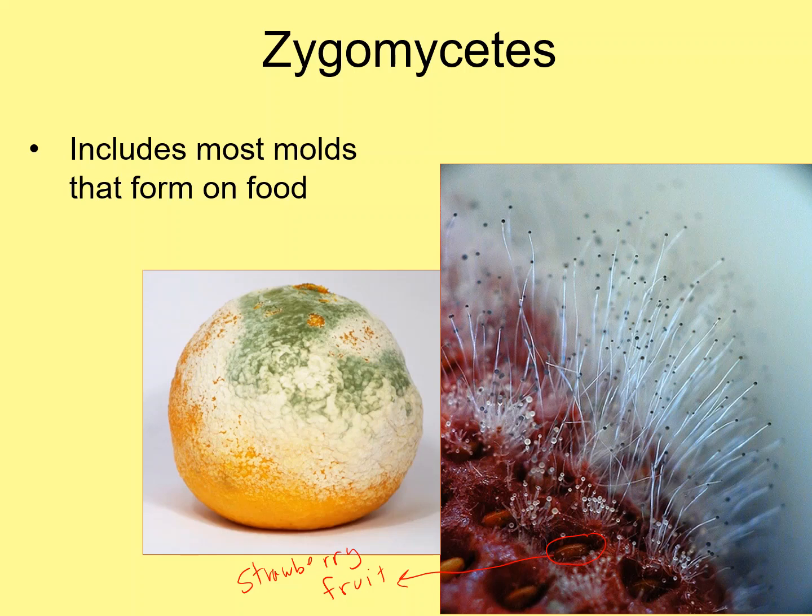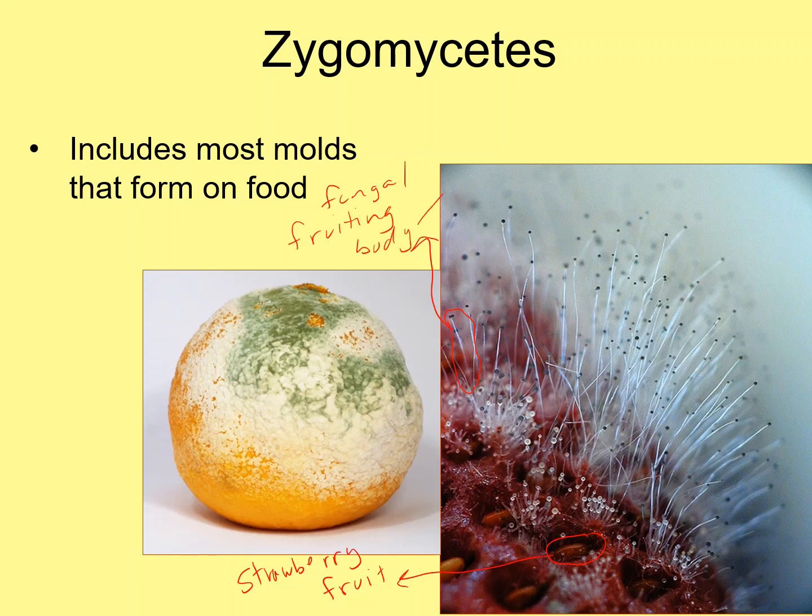Let me try to find a really nice one where it's nice and clear what we're looking at. Okay, so yeah, here we go. So you've got the fruiting body is this guy. And so that's the fungal fruiting body, AKA the sporangium.